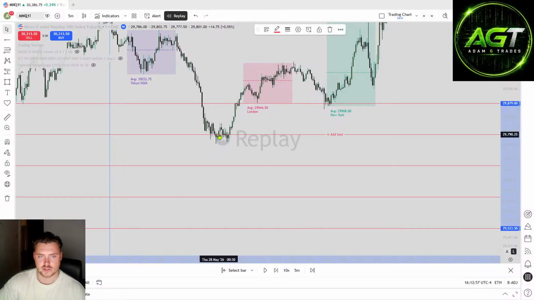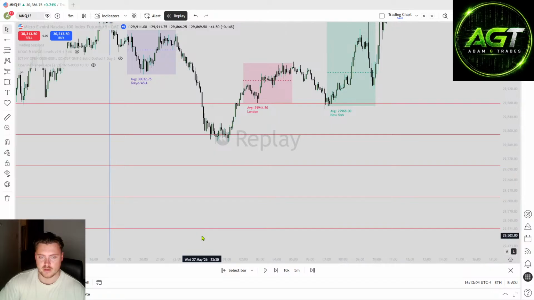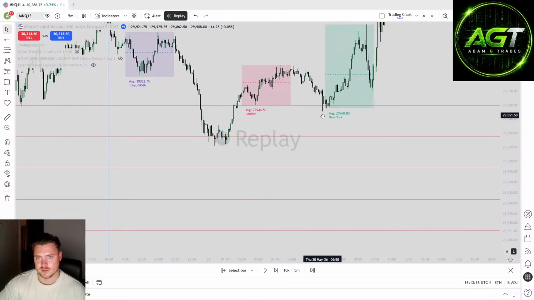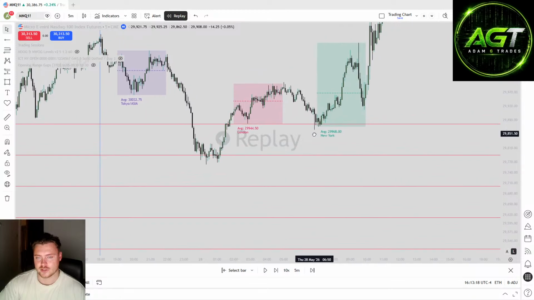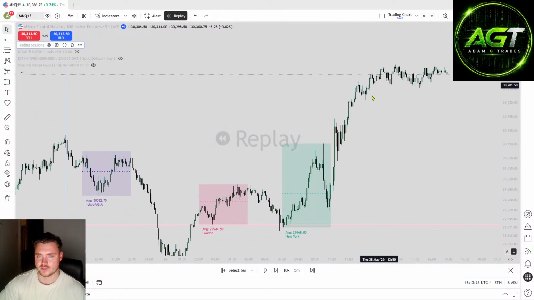So when you set it, you've got 1, 0.5, 0, 0.75, 0.25 of that fair value gap. We trade to the upper quadrant, and look, we react and trade higher. We trade back down to the high of the quadrant level, and again, we're bullish on the daily chart, so we're expecting reactions higher off this. Okay, and look, trade high for the day.